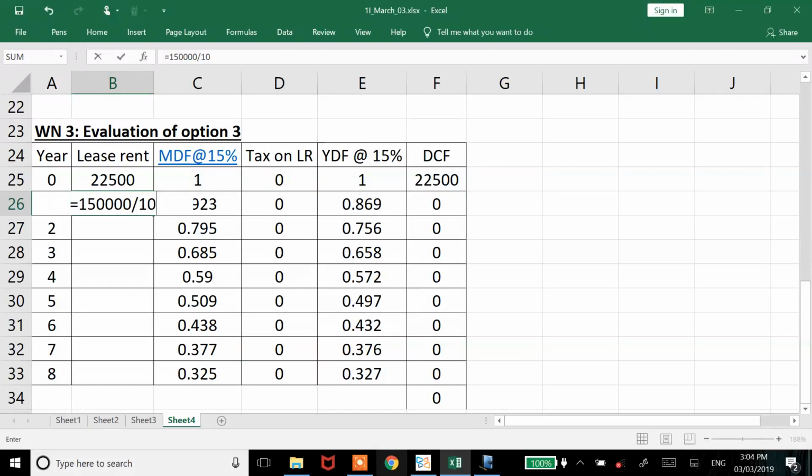1,50,000 divide by 1000 into 35 into 12.